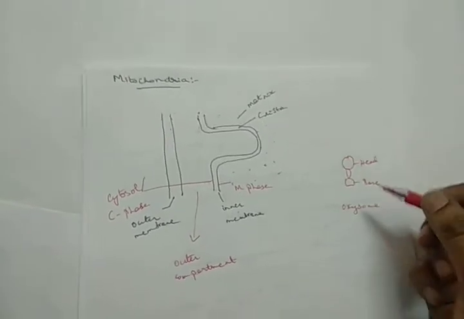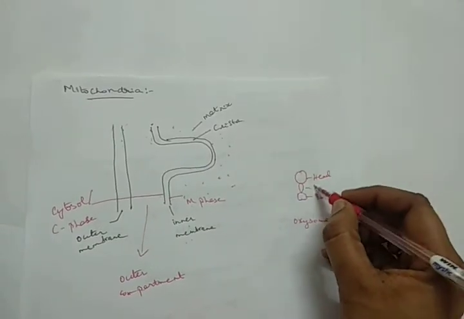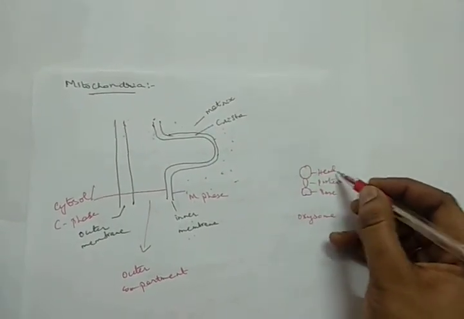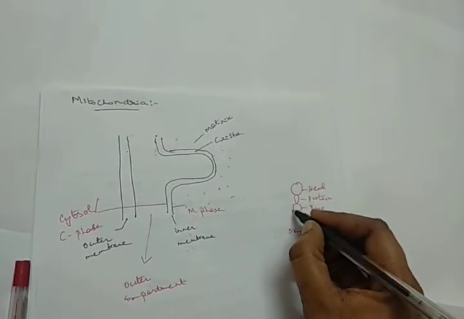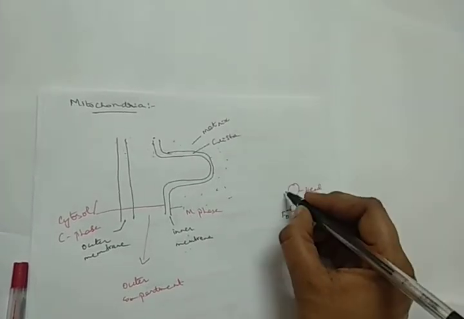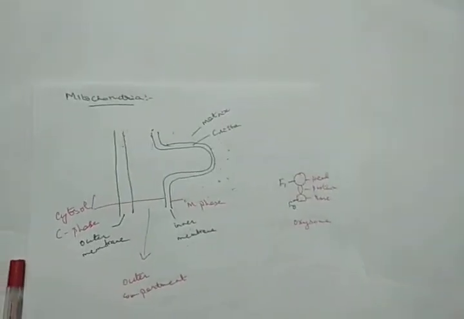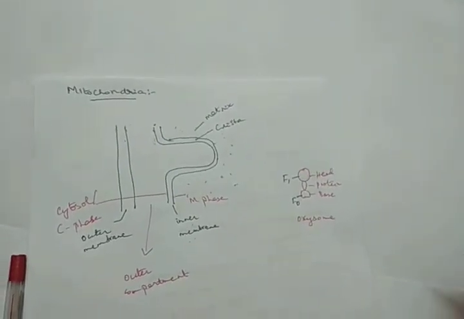So one oxysome consists of a base, a protein and a head part. The base part you are going to call the F0 particle. The head region you are going to call the F1 particle.